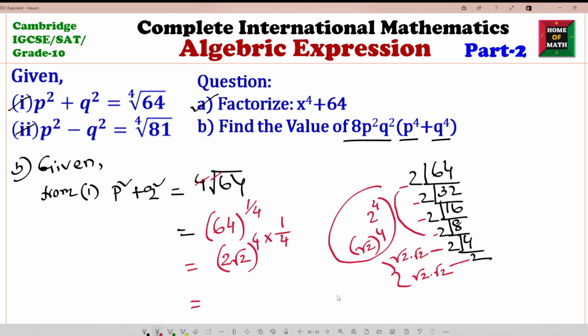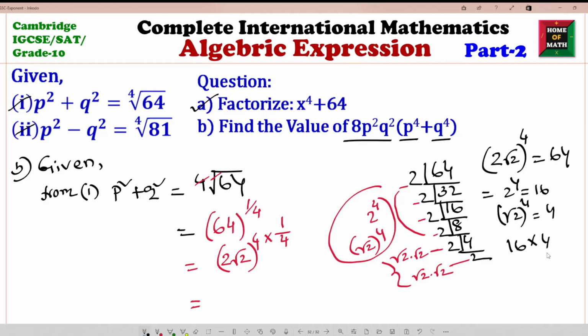Look, 2 root 2 to the power 4 means 64, because 2 to the power 4 is 16, and root 2 to the power 4 is 4, and 16 times 4 is 64. Very simple.